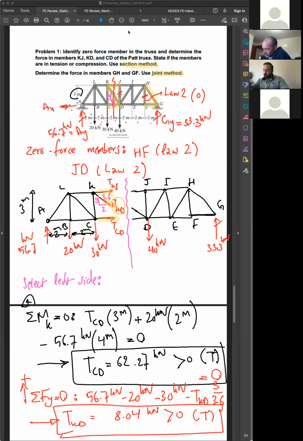Okay. So the last one left would be TKS. At this moment, the only thing left is you can write the summation of forces in x direction, because you know these two guys already, so you can find the third unknown.